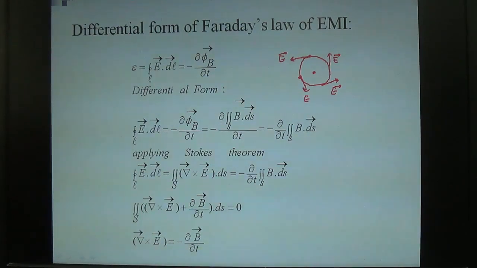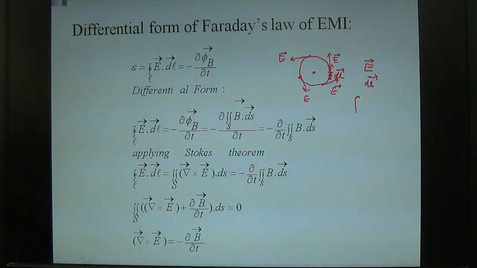If I consider a small segment here of this circumference, that will be dl. If I write it as vector dl, then it will be in the same direction as the electric field, right? So vector E and vector dl are both parallel.